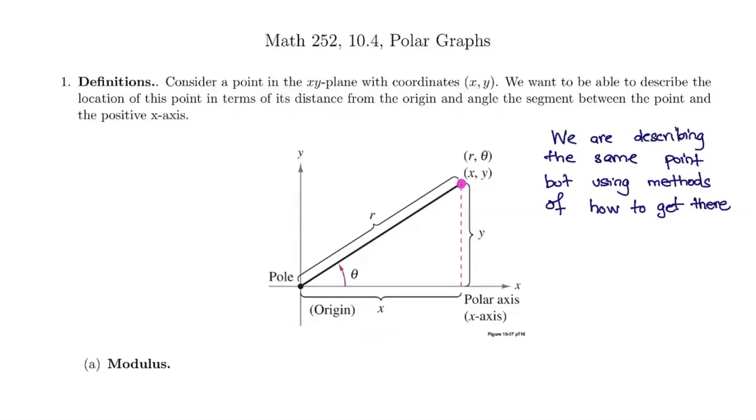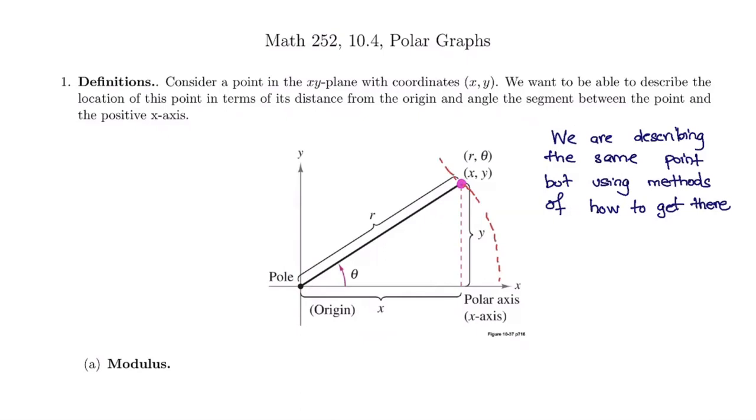We have a few measurements that we need to take. It's easy for us to understand x and y because we don't have to worry too much about anything else. But in terms of how we get to the point via our polar coordinate system, we're supposedly on a circle, and this circle has a specific radius.